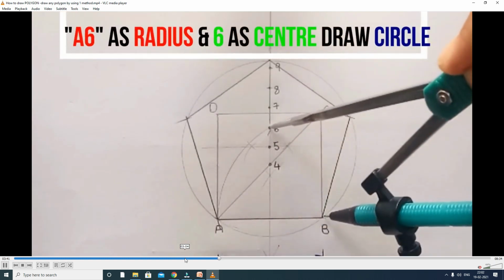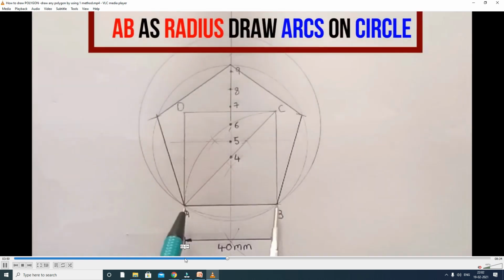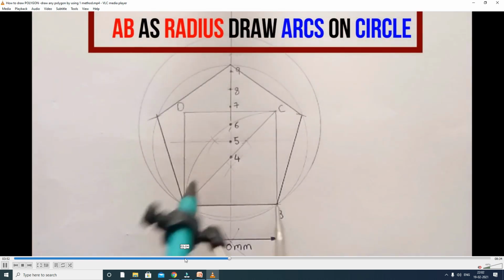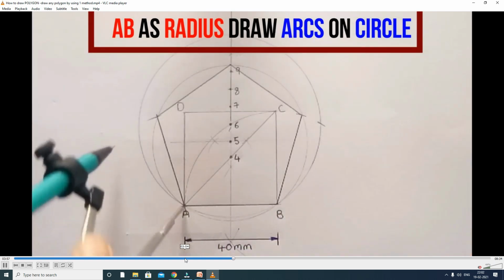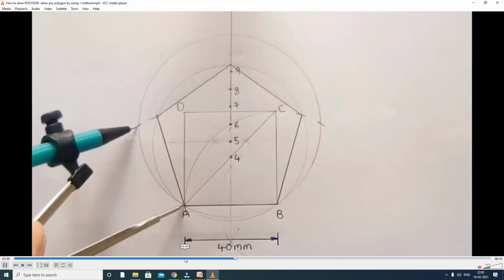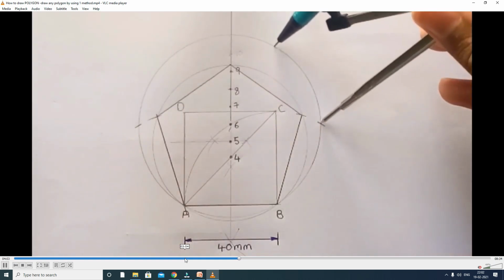So now it takes the same procedure. 6 is the center, 6 to A is the radius. You draw the one circle, touches A and B joints or corners. Then you take the same radius, A to B is the radius, and you cut the circle.